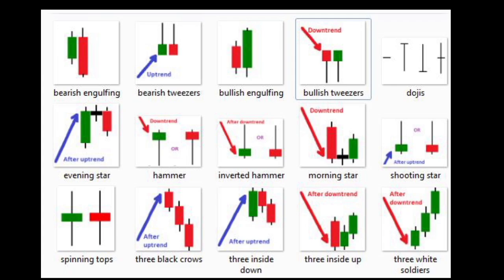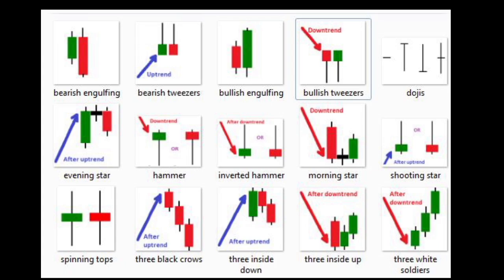Now, this one is going to show up during a bullish trend. So if the stock or the Forex pair or the crypto pair that you're looking at has been going up in a nice steady movement, it's very possible that this could show up.